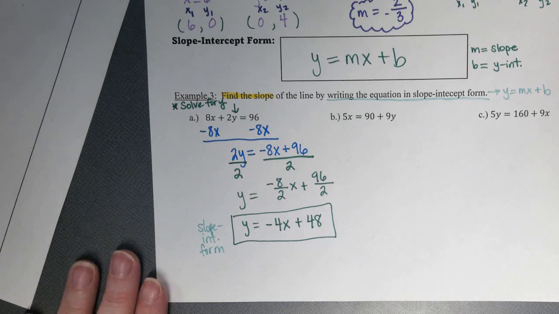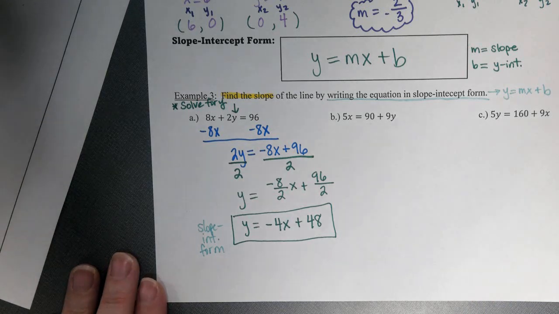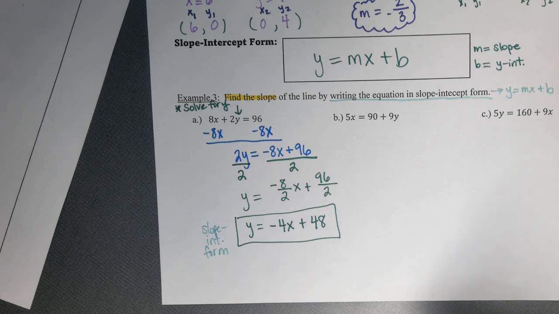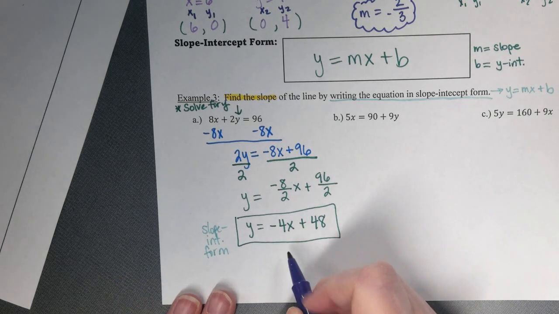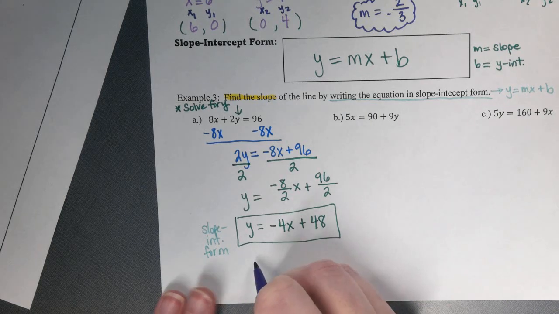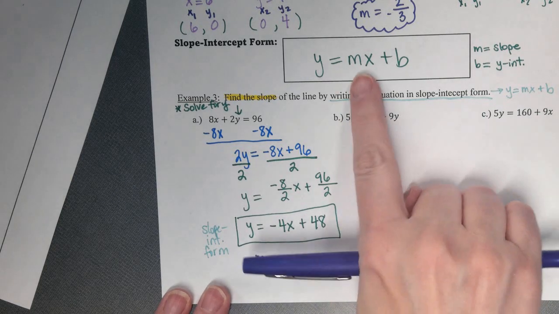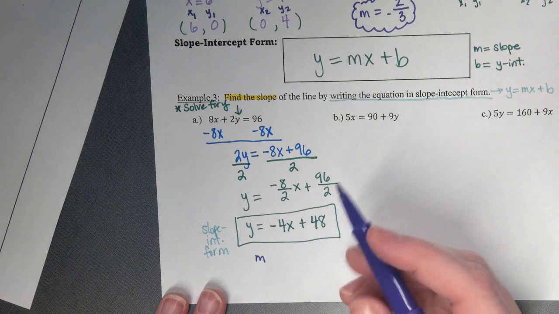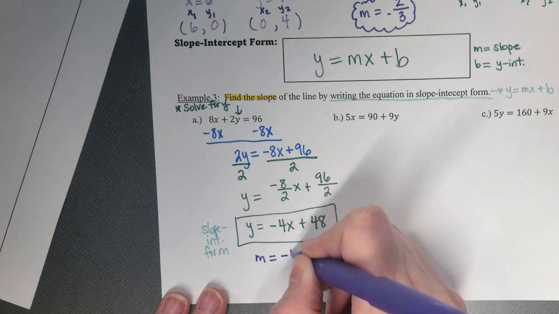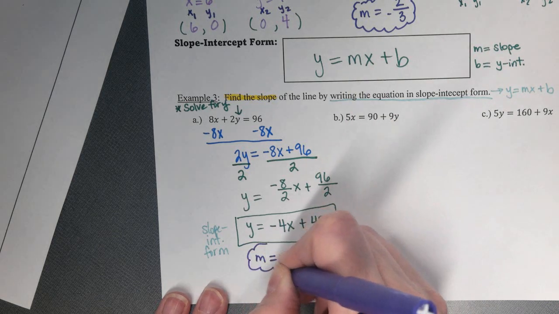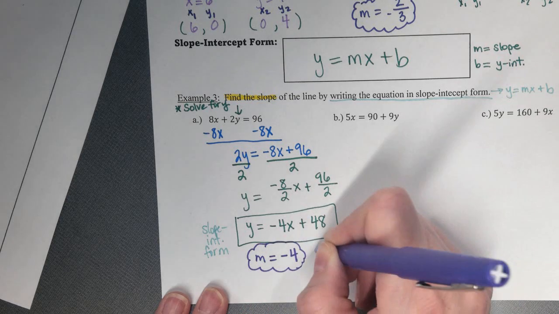Then the second thing is, it just says find the slope, so you don't have to find the intercept for this like we were practicing before. Your slope is the m. M is always in front of what variable? Yup, so the number in front of x is negative 4. So that's your slope.